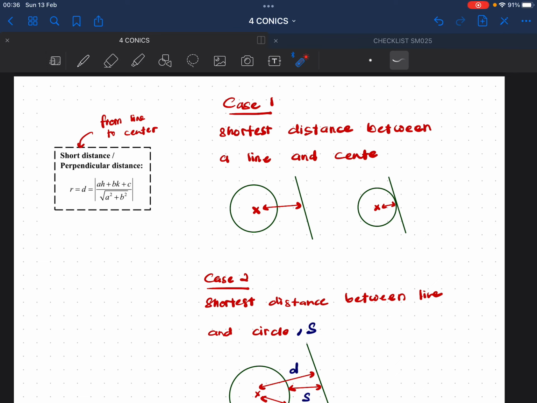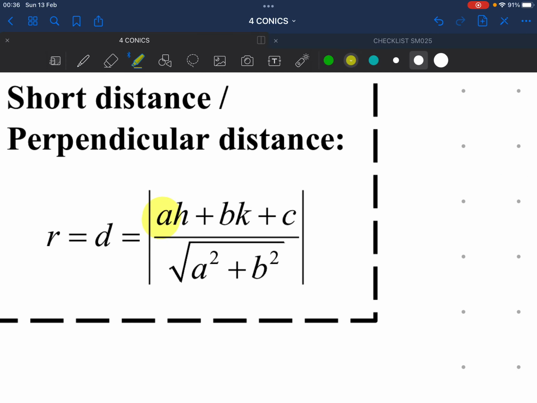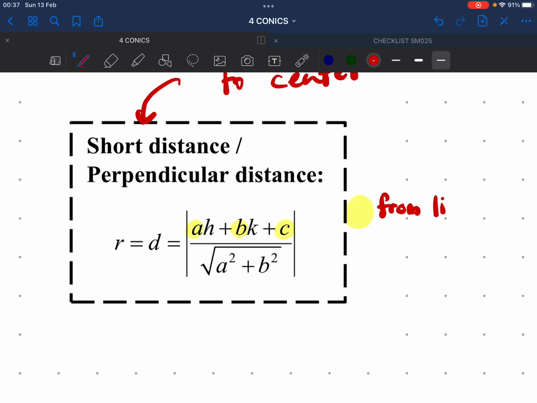For this equation, your A, B, and C, the yellow part, is from the line.